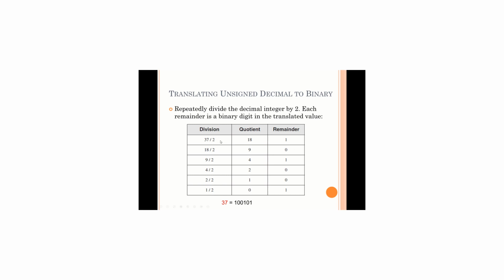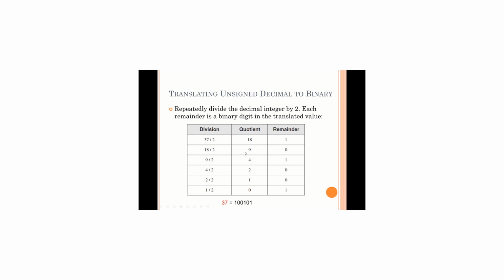So you divide it by 2, right? And then you get the quotient, and you get the remainder. And then you take the quotient and divide it again. This time, 18 divided by 2, 18 is actually an even number. Divided by 2, you get 9. The quotient is 9, and the remainder is 0.